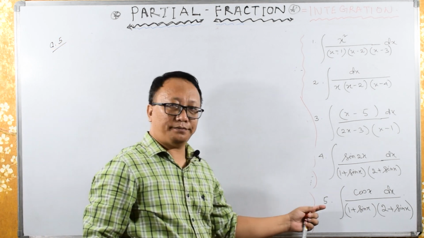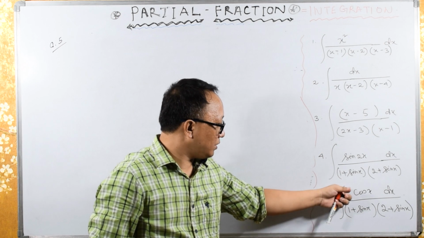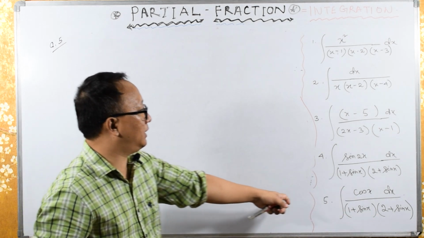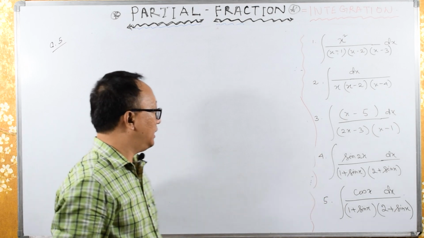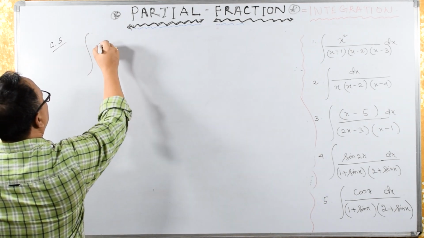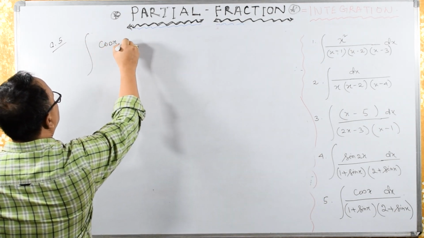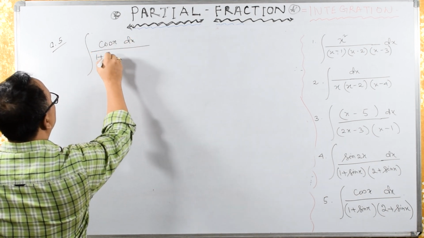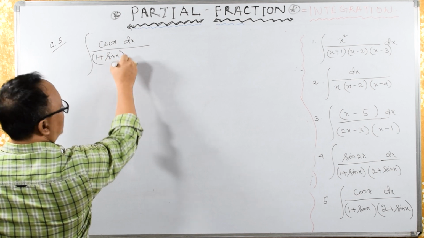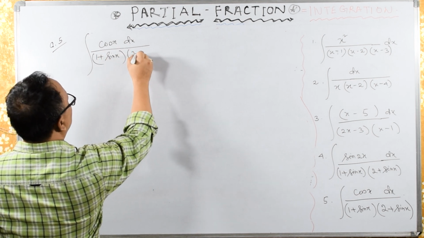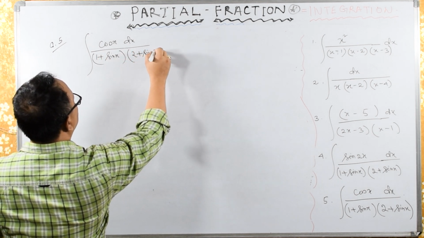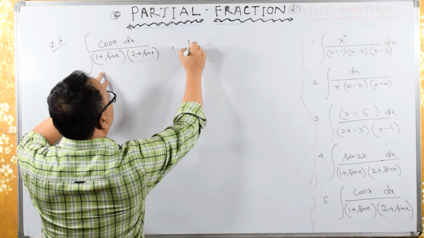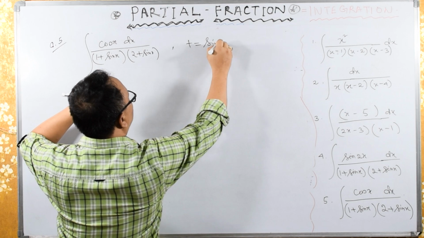Now question 5 is the integral of cos x upon 1 plus sin x into 2 plus sin x. This is somewhat similar to question 4. Let's see, the integral of cos x dx upon 1 plus sin x into 2 plus sin x.